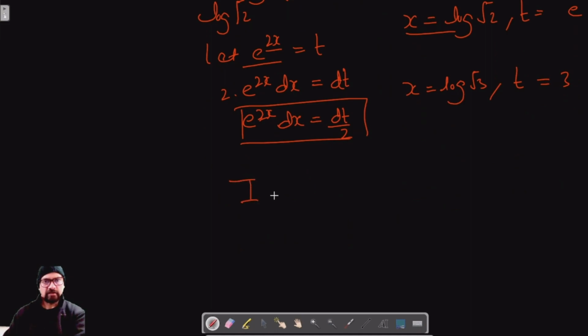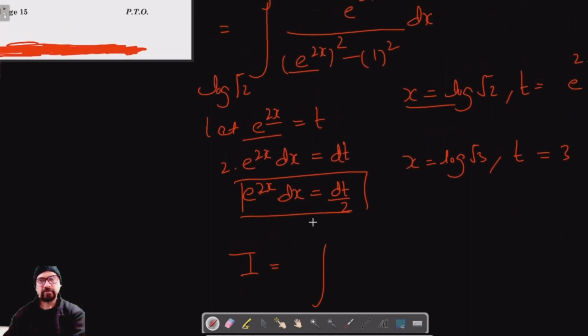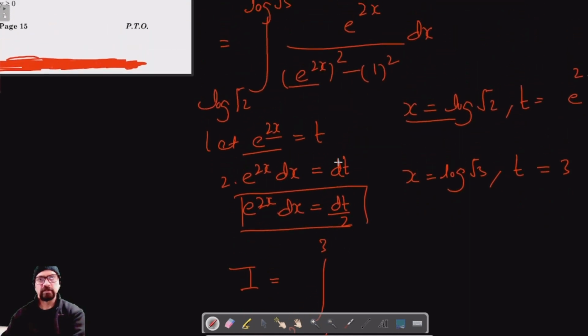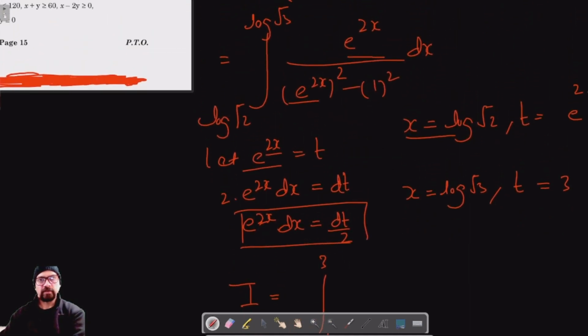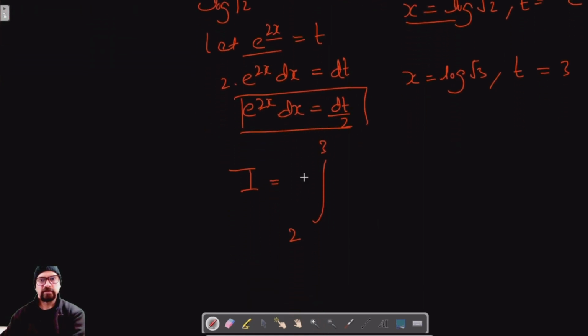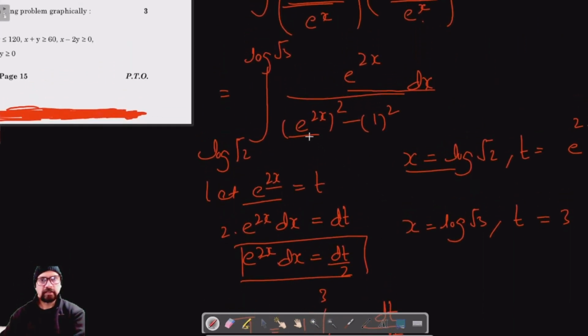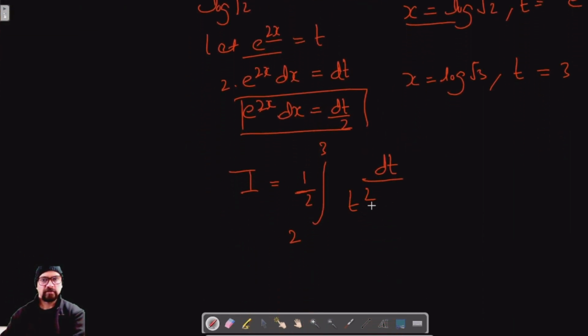So finally, our new integral with the new limits is 2 to 3, and e raised power 2x into dx is dt by 2, so this half is out. This is dt, and e raised power 2x is t, so this is t square minus 1 square.